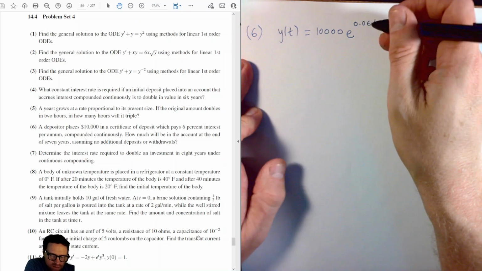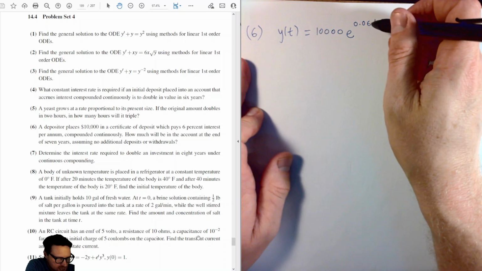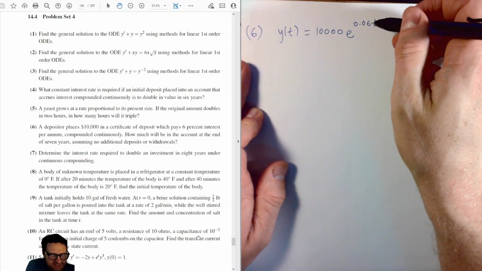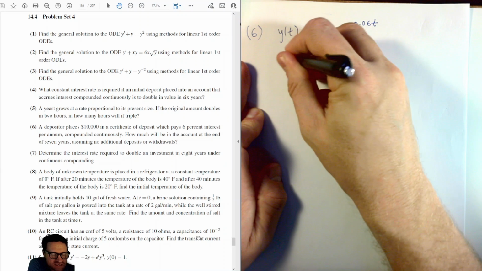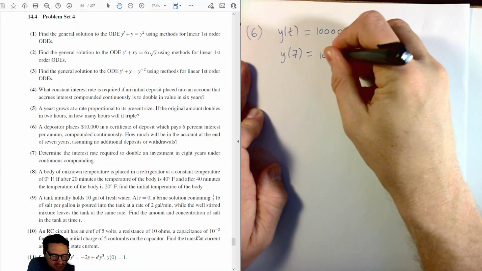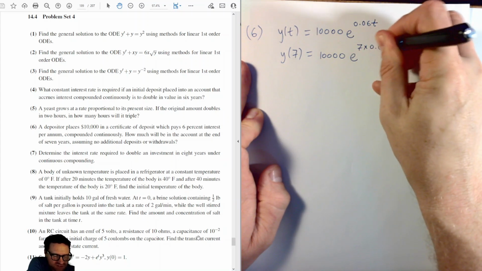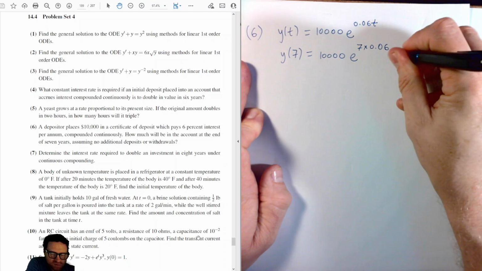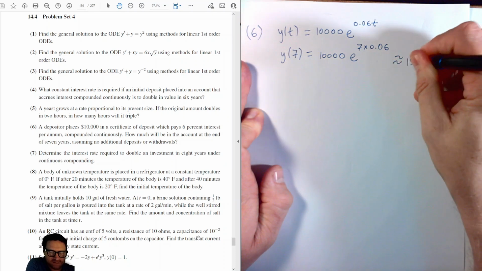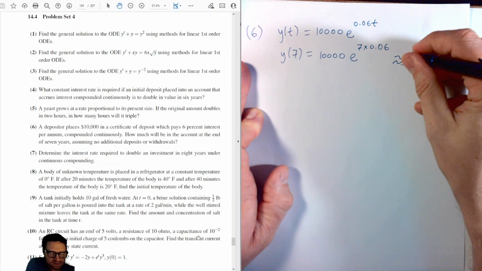And so then we want to know how much will be there at the end of 7 years. So y of 7 is 10,000 e to the power of 7 times 0.06, and that's approximately $15,219.62.